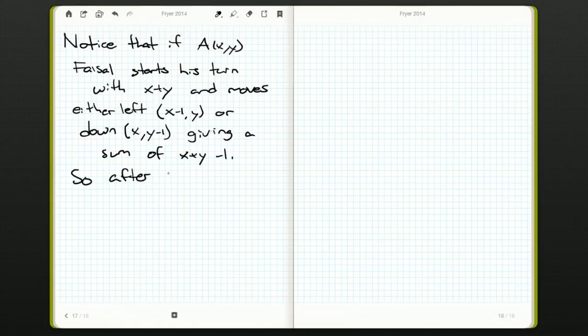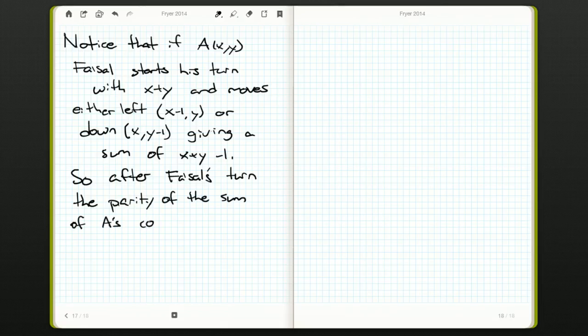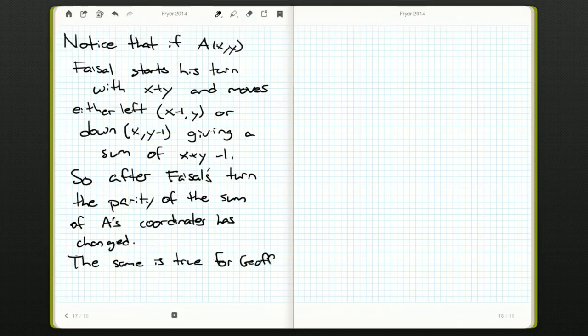So after Faisal's turn, the parity, which is the oddness or evenness, so the same is true for Jeff.